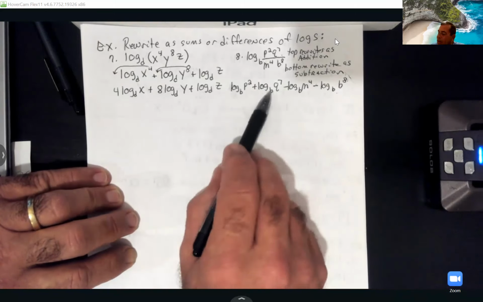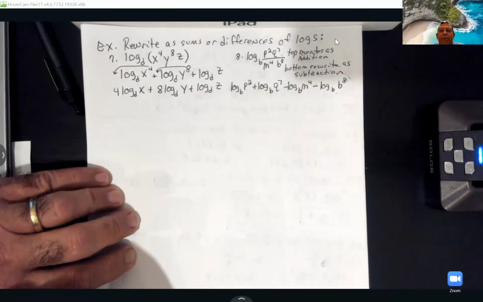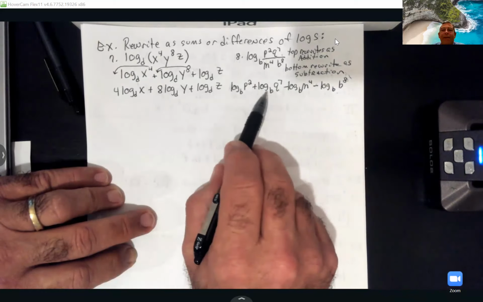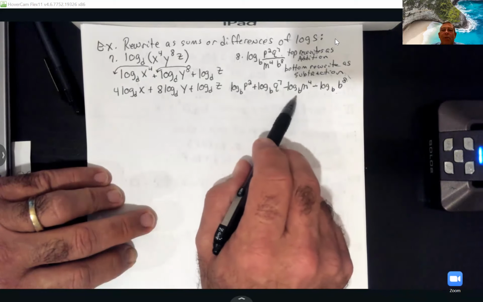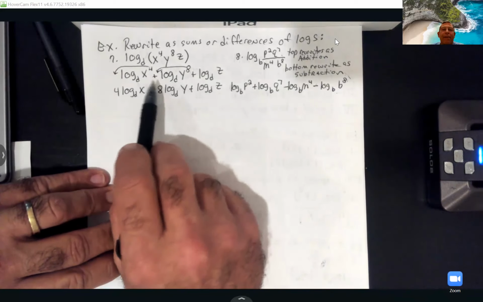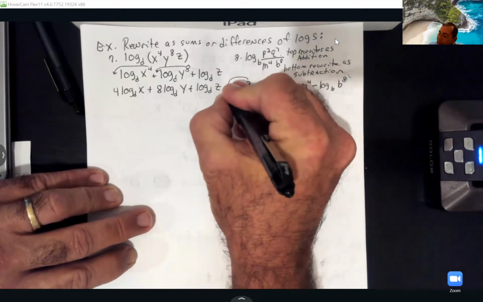Now look here, none of these got bases that match. So for these three, what am I going to do? So now we're thinking power rule, right? Just like we thought over here. I'm going to put the exponents in the front.